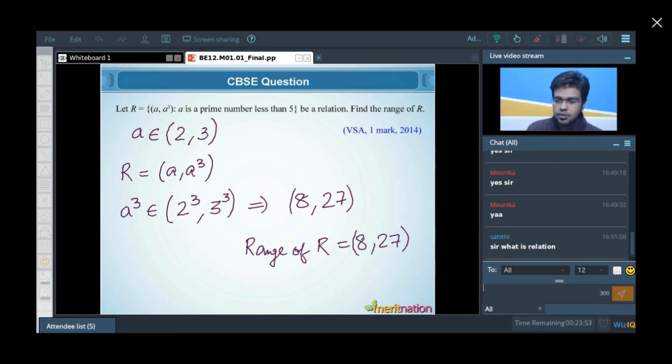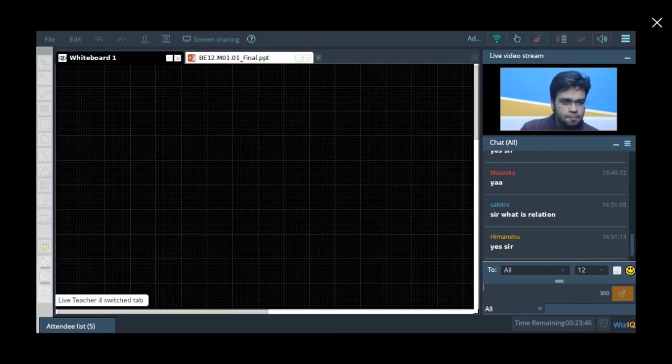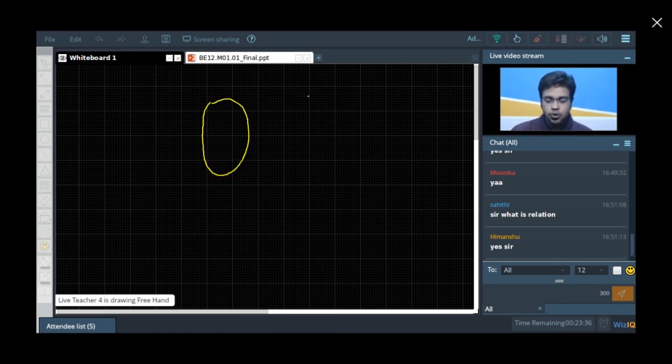Is this question clear to everyone? Let me explain what a relation is. A relation is a condition or a criterion by which we map two sets.